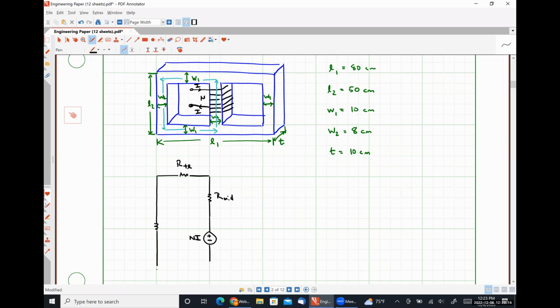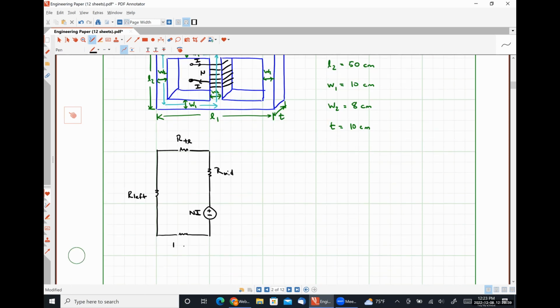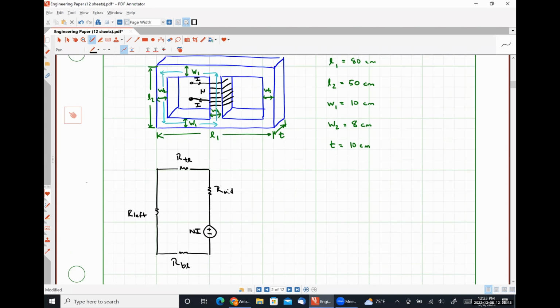Then let's call this guy over here just R left. Oops, shouldn't draw that one yet. And let's call this one here RBL for the bottom left path.